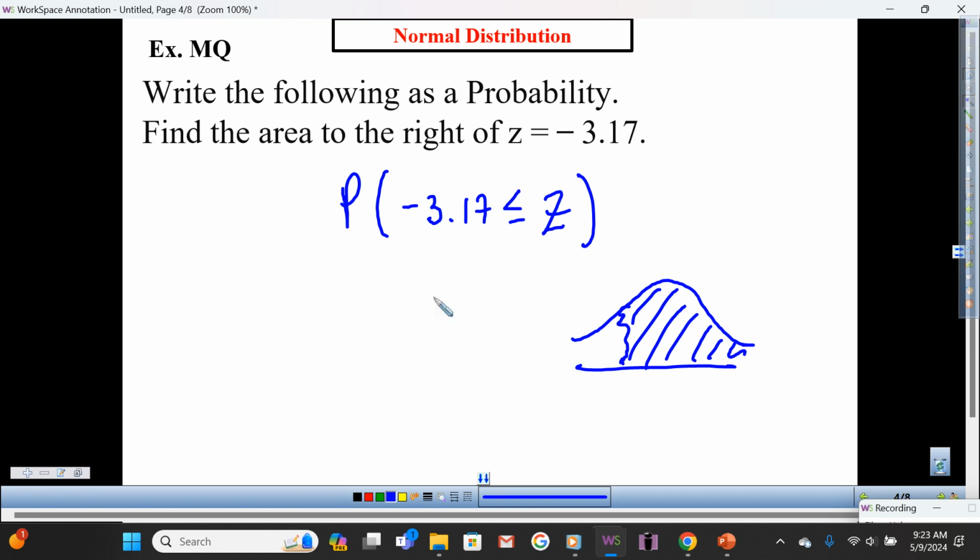So start with Z now. Z is greater than or equal to negative 3.17. That is correct. Which is pretty much the same except starting with Z.